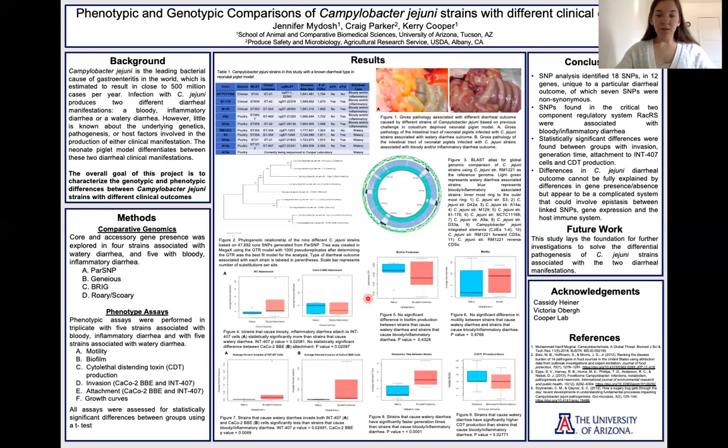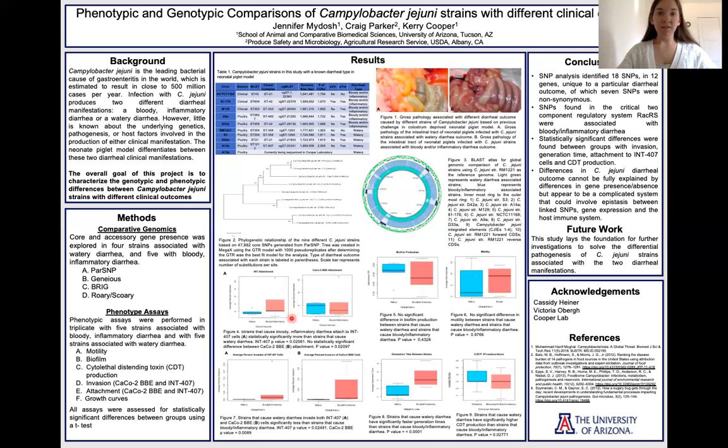Moving now to the phenotypic assays. For these figures, the strains that are associated with watery diarrhea will be colored light blue, and the strains that are associated with bloody diarrhea will be colored a light red. So in figure 4, we have the attachment assays done with INT407 and Caco-2 BBE cells, which are both intestinal epithelial cells.